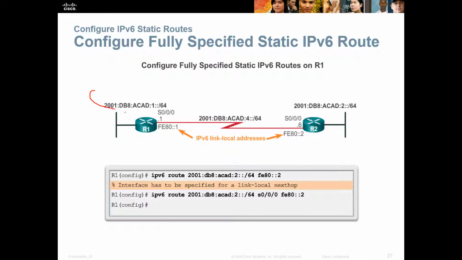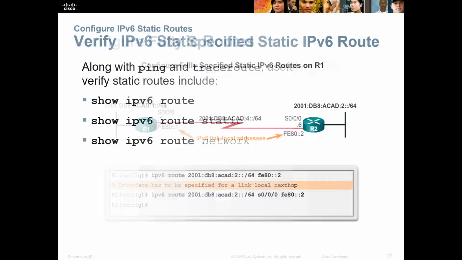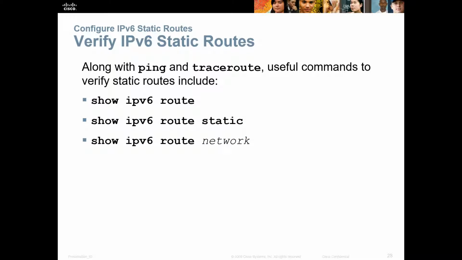You're going to tell it send this network out that interface to that IP address. That tells it the exit interface. That tells it where it is going. And that is a fully specified static route. How do we verify? How do we check? We can use show ipv6 route, show ipv6 route static, show ipv6 route with a network address.